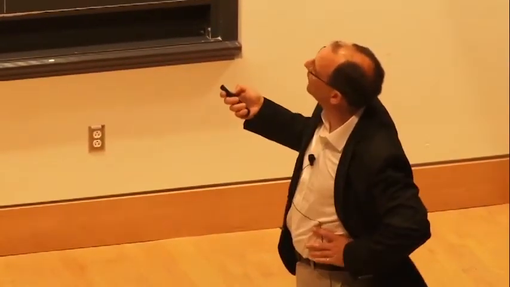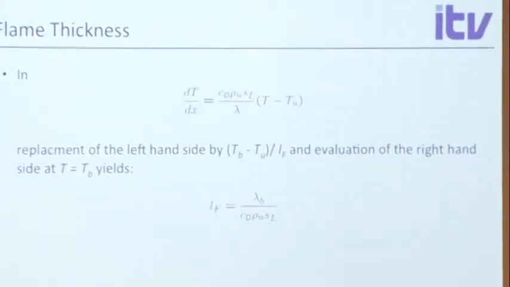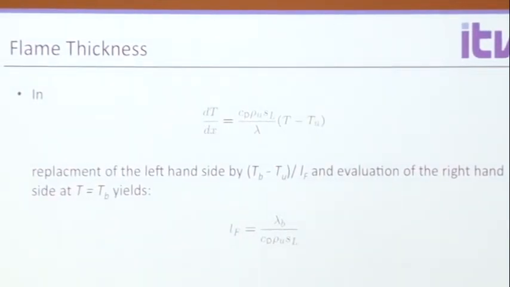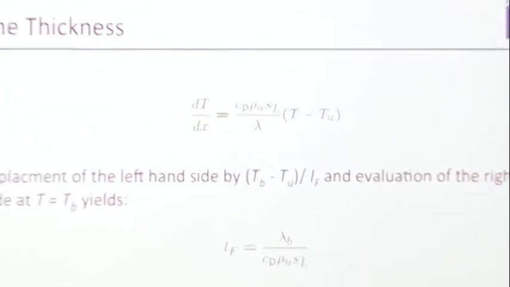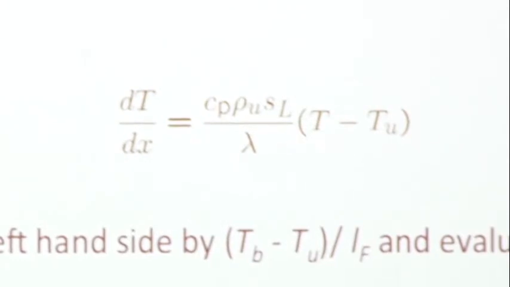And because we have relations here for this dT/dx at the ignition point, we can also evaluate it now from our theory. And then you see here dT/dx, that would be Tb minus Tu divided by Lf. And then, this is the right-hand side.